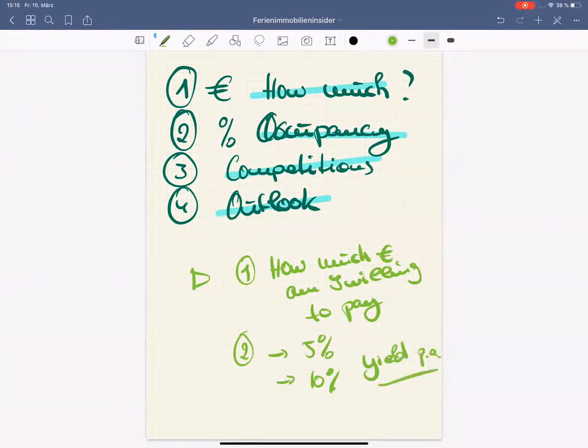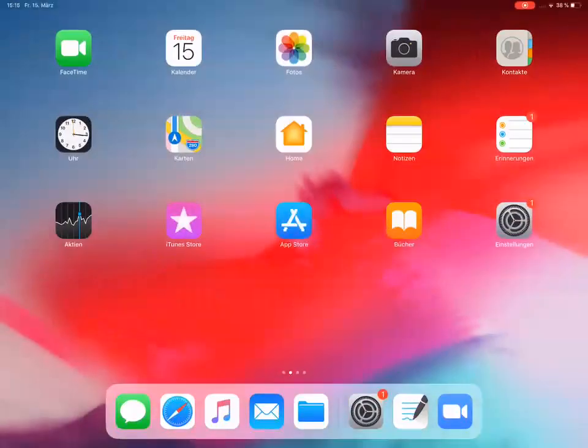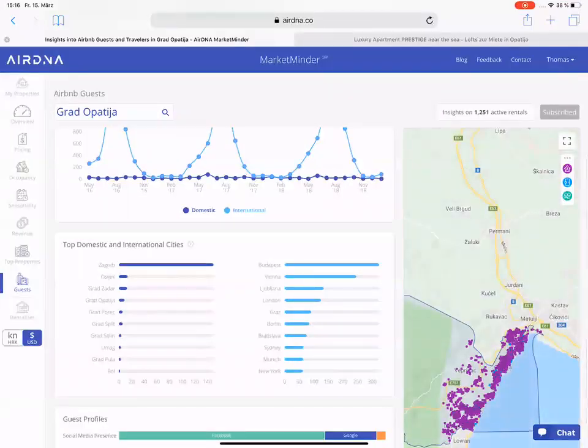With these numbers that you get from AirDnA, this is what you can calculate. And this is the power of that tool. And this is what makes it so helpful to look into the data before considering any purchase.